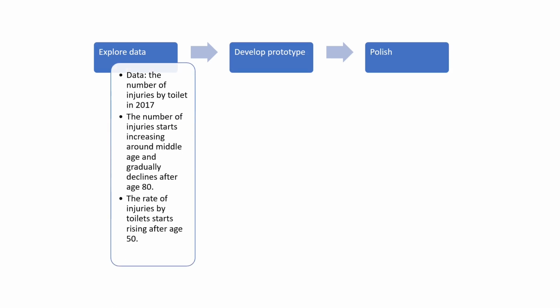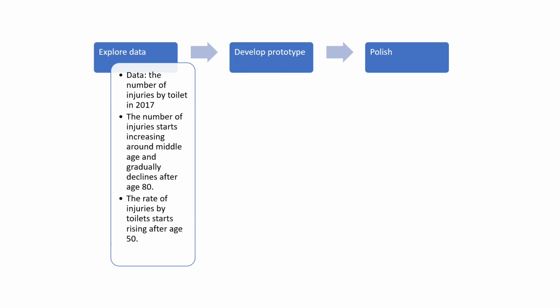So in the case study in chapter 4, the data that we're using is injury data, a sample from a sample of hospitals in the United States, and we're going to focus on injuries by toilet in the year of 2017. So the first pattern that we found is the number of injuries starts increasing as people age.